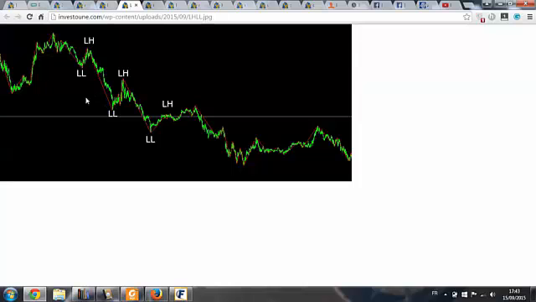Here we have a downtrend and the lower low is confirmed by this impulsive move. After that we have a correction here and another impulsive move that confirms this lower low and another lower high that is confirmed by a new impulsive move. And it goes on.